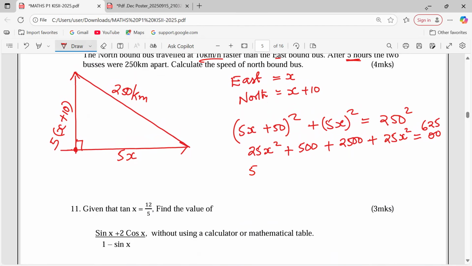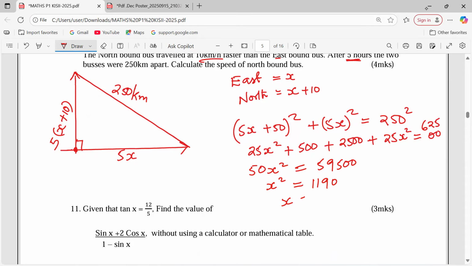So after combining, we have 50x squared, and then this is equal to 625,000. We subtract 2500 and we also subtract 500. This gives us 59,500. x squared shall be equal to, we divide through by 50 first, 1190.